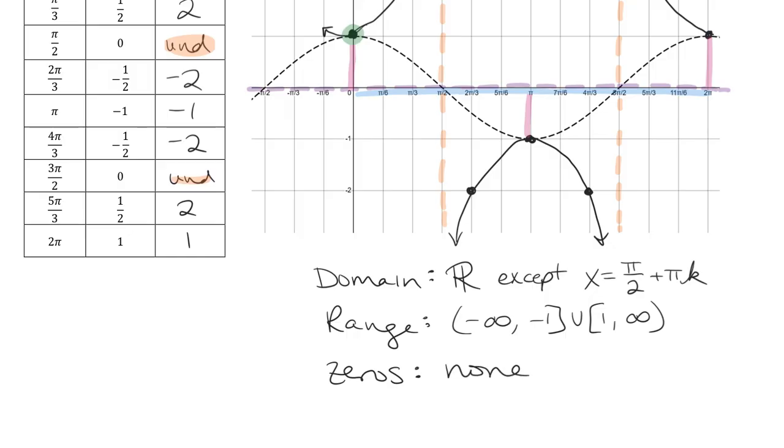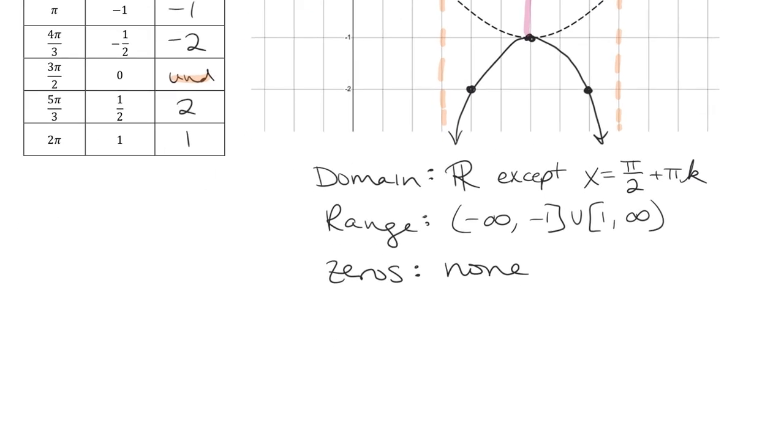It is outside, right? It is the flipped version of cosine, so it doesn't cross the x-axis at all. But it does have a nice equation for the vertical asymptotes, which we already wrote in the domain. The vertical asymptotes appear at x equal to pi over 2 and every pi afterwards. If yours don't, that means it has probably either been shifted side to side or the frequency has changed.